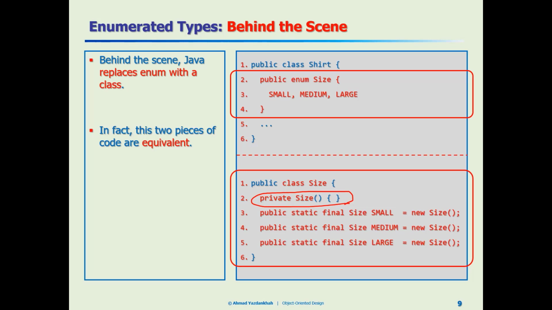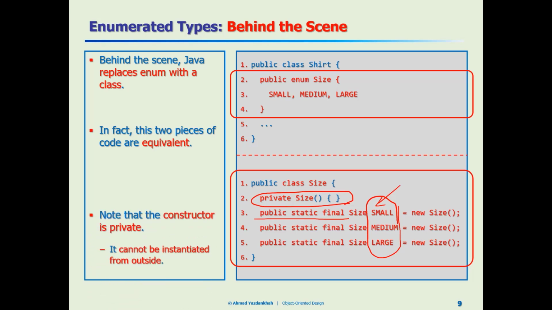It instantiates by itself. And then with this public static final, it gives you access to all of these values that we tried to simulate in the previous slides. Okay?